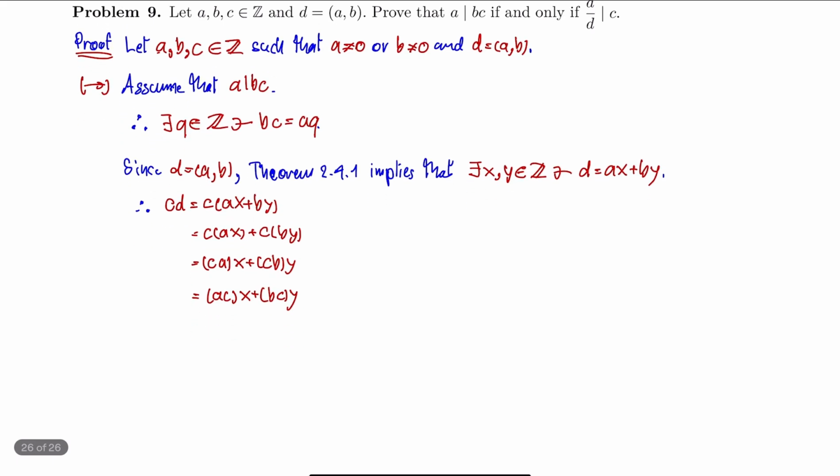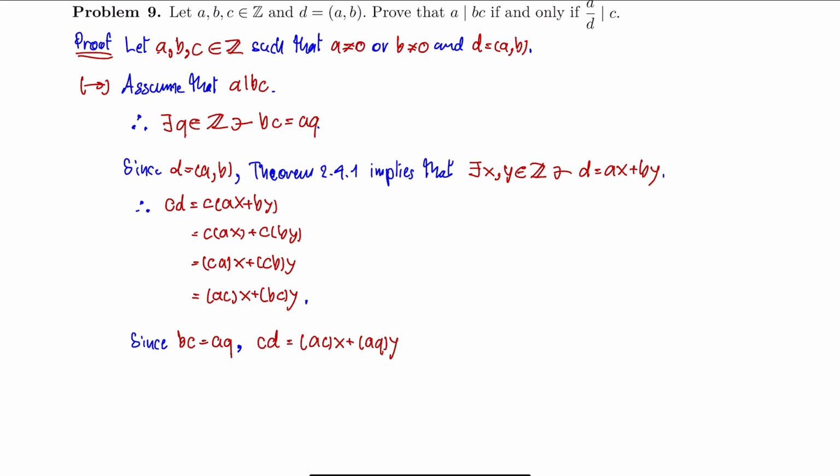Okay, now what is this bc? bc is aq. So since bc is aq, what do we have? What happened to cd? cd becomes acx plus, what happened to bc? bc becomes aqy.